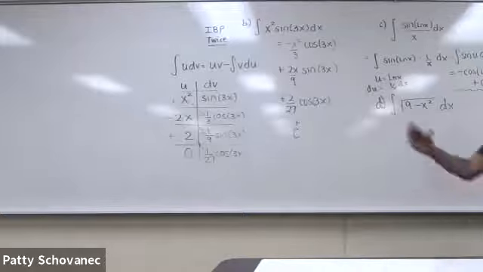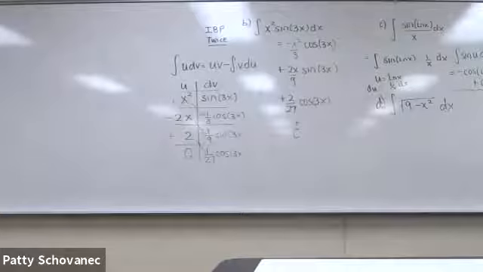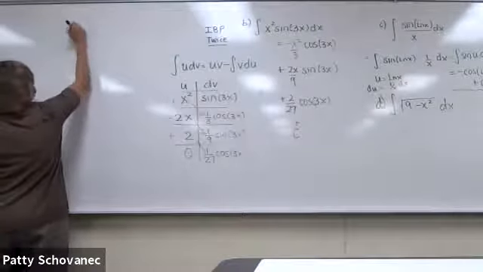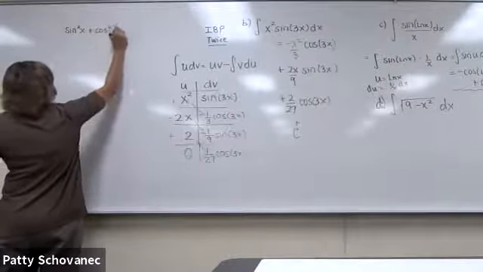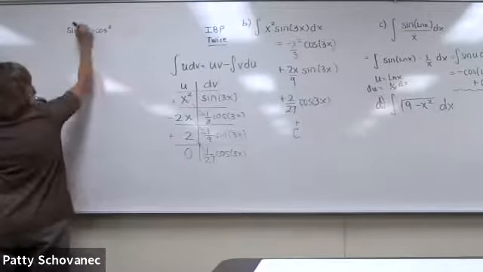I'm going to move the other one down here. That's not a u du integral because I have an x squared under the radical sign and no x to the first outside of the radical sign. So in doing that one, we're motivated by our Pythagorean identities. From this one, we have sine squared of theta plus cosine squared of theta. I guess I better use theta so that you don't use x's when you substitute.